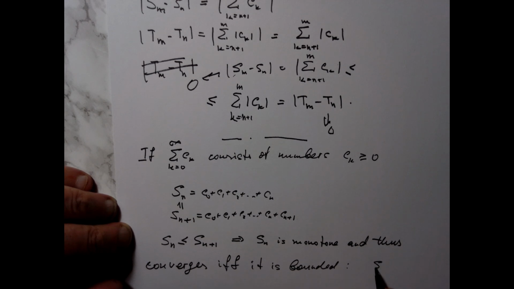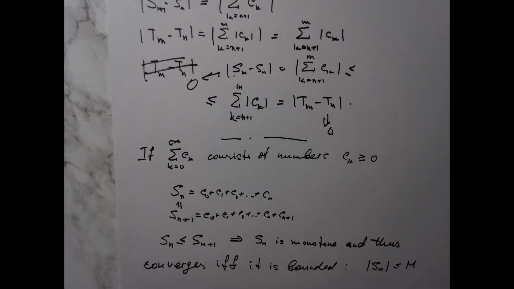That is, the numbers Sn are less or equal than some number m, which does not depend on anything. So one advantage of dealing with the sequence of partial sums is that instead of checking convergence, all we have to do is check boundedness.